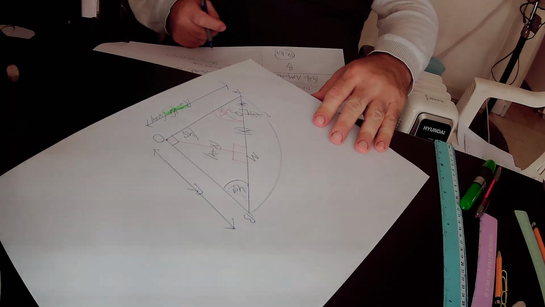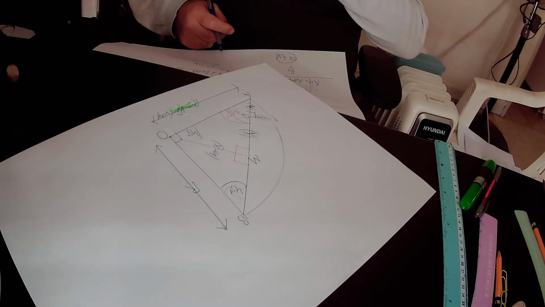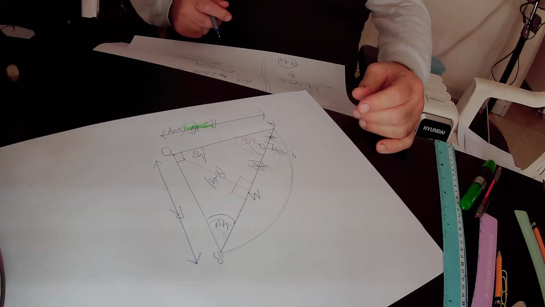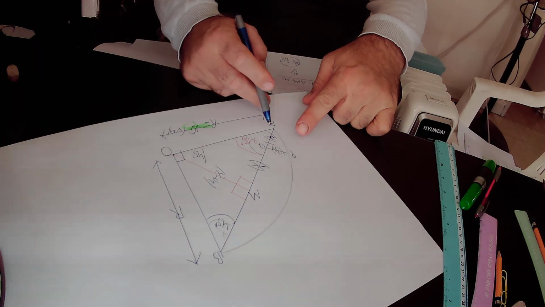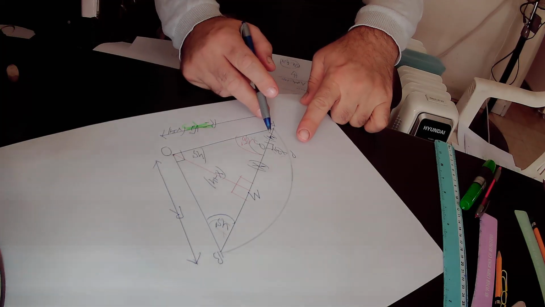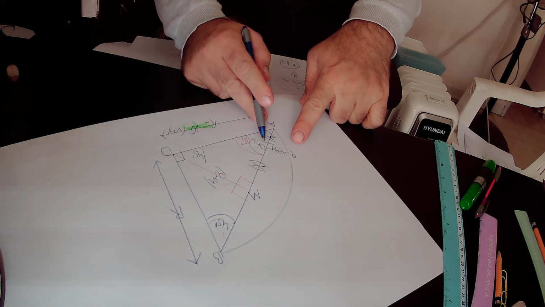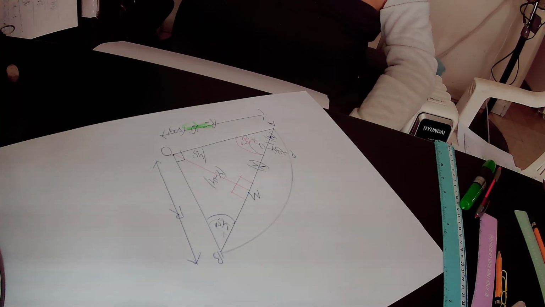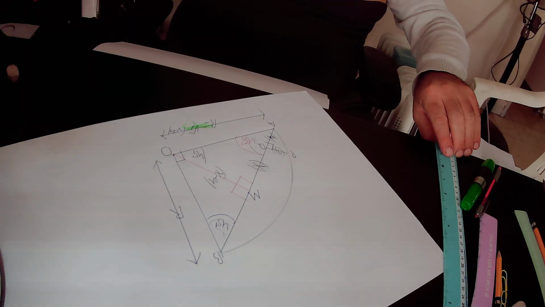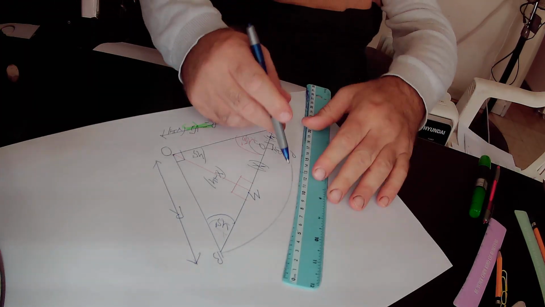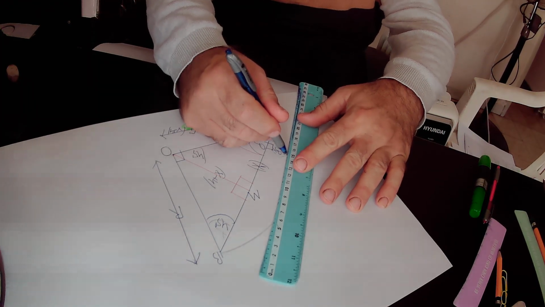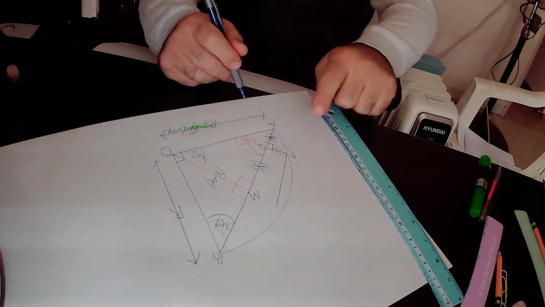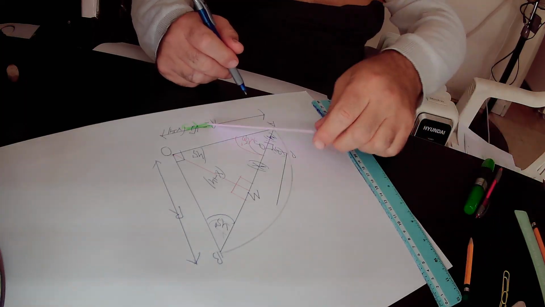In the next step, we will do another construction. That is to say, we draw a perpendicular on line PQ at point P. So actually, this angle equals 90 degrees according to our construction.